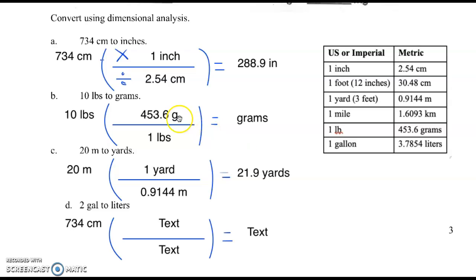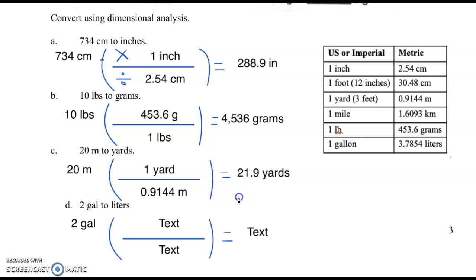If I was going from grams to pounds, this would be flip-flopped. So when I solve, I take 10 times 453.6 and then divide by what's on bottom, which is 1, which gives me 4,536 grams as my answer.